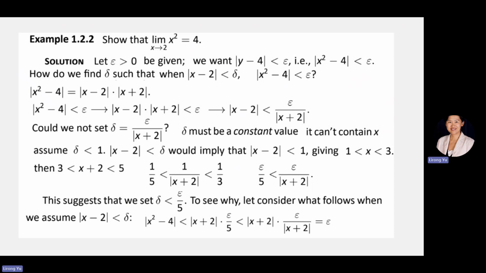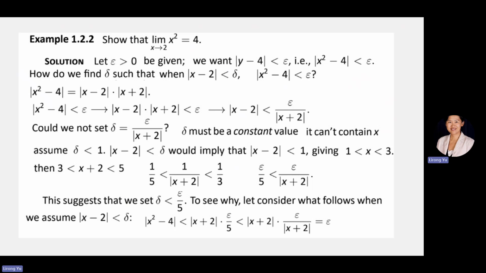Basically, the idea is for any epsilon positive, if we really want the y value, x squared and 4, to be close enough. If we want the absolute value of x squared minus 4 to be less than epsilon, and epsilon is very small, suppose epsilon is 0.01, that means x squared minus 4 is less than 0.01.